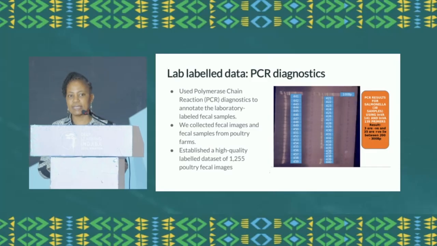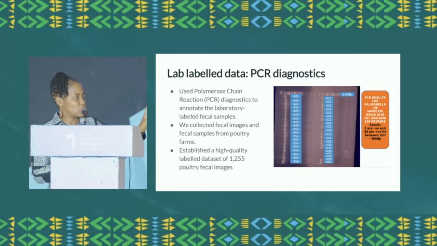We set aside what we call a high-level, high-quality data set, where we collected the images and the samples, and we did polymerase chain reaction, which is a molecular biology technique for rapid diagnostics. The labeling involved amplification of the DNA fragments for the positive cases, and for negative cases the DNA fragments were not amplified.